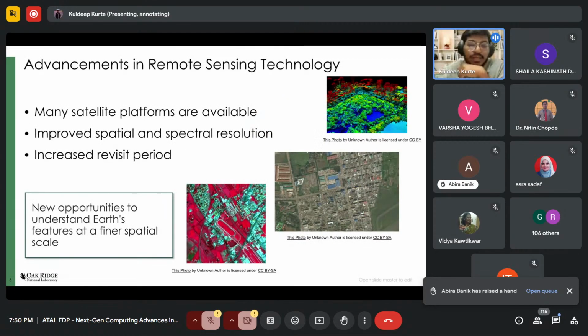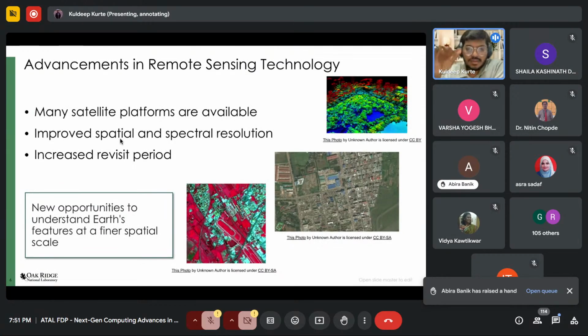Okay, and then some other information. During the last few years, there are many satellite platforms that are available, and due to the improvement in sensor technology, satellites are now able to capture data in high spatial as well as spectral resolution.